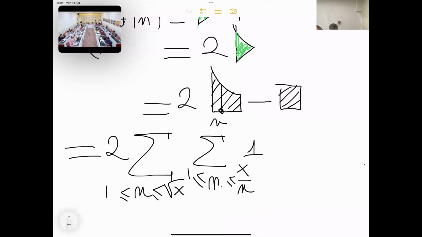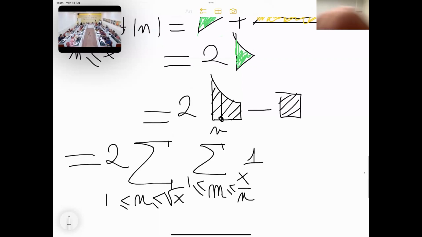So this is something that needs to be stared at, right? So n goes from 1, I remind you, this point is the point of coordinates square root of x, square root of x. So n goes from 1 to square root of x, and for each fixed n, this point has coordinate x over n.